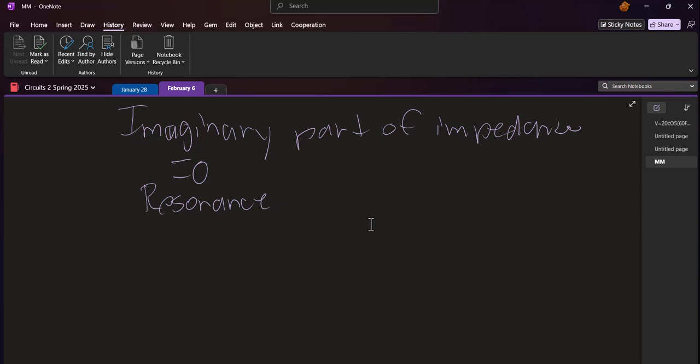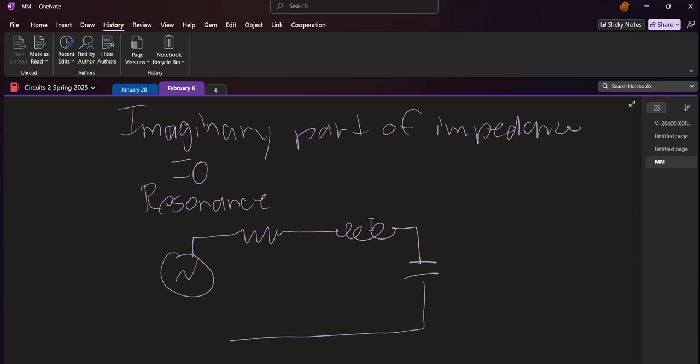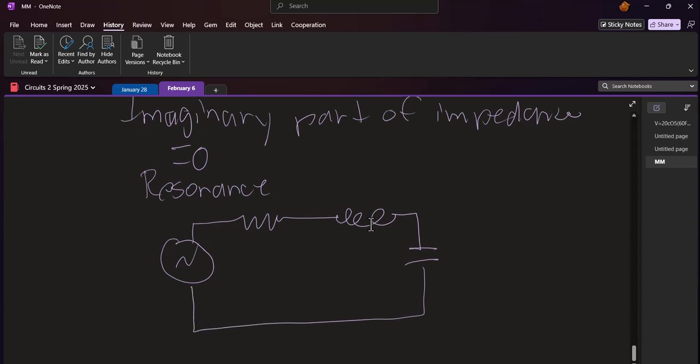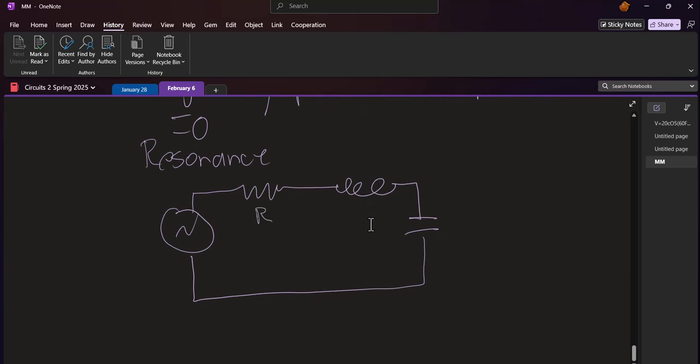So if I want to get zero, I can either have all real, only resistors, or I could have my inductors and my capacitors cancel each other out. So let's say I have a series circuit and I want to figure out what my resonant frequency is.